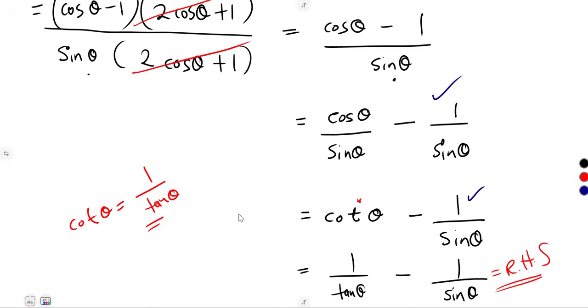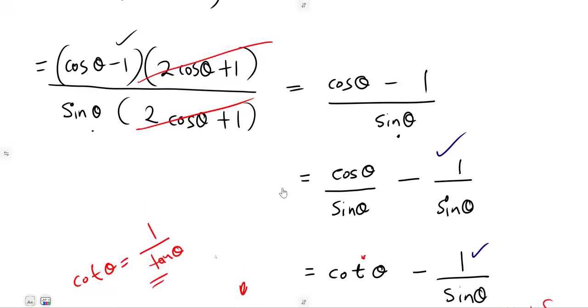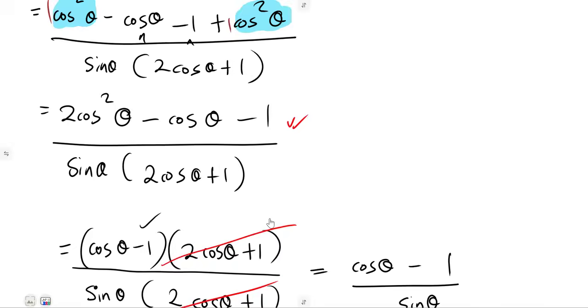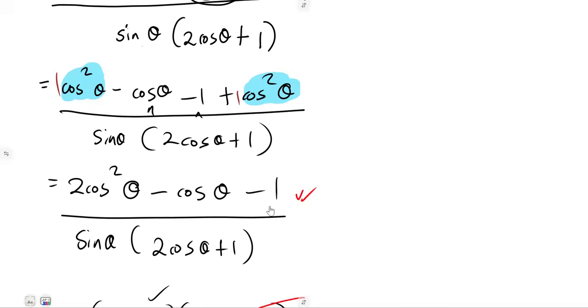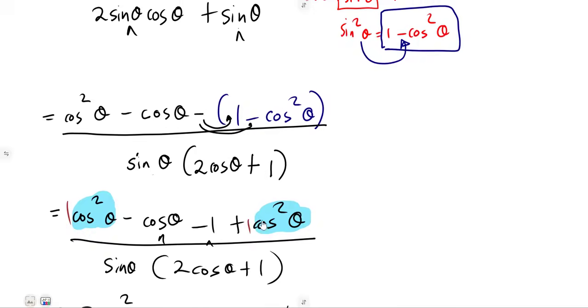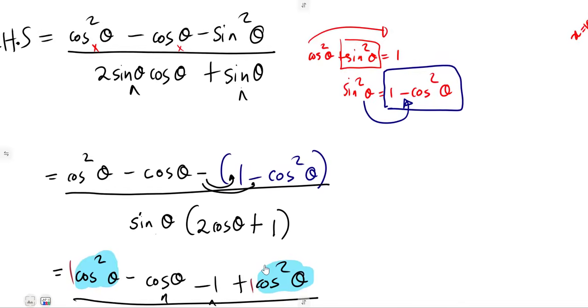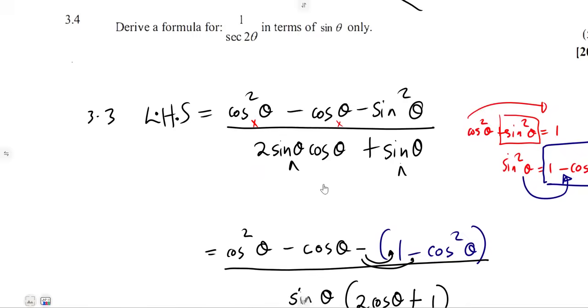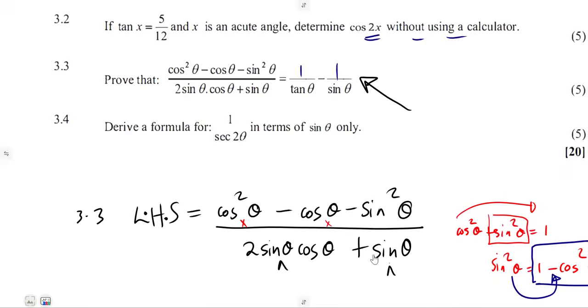They simplified it for you. The answer is there. So they're just saying simplify this, only that you must have your answer in this format. So those are the steps that we could have taken in order to show that the left-hand side is indeed equal to the right-hand side.